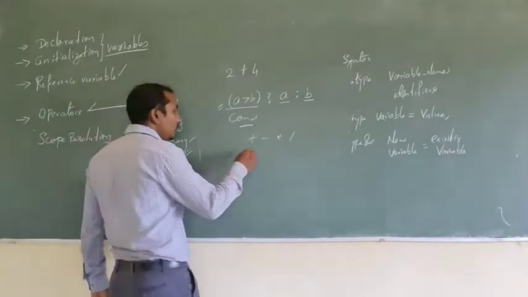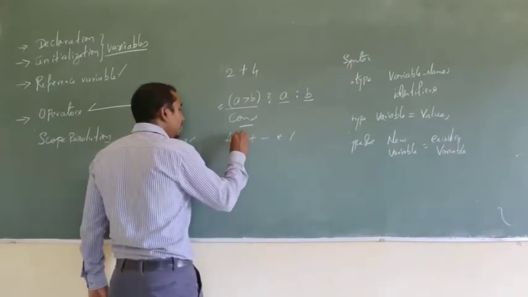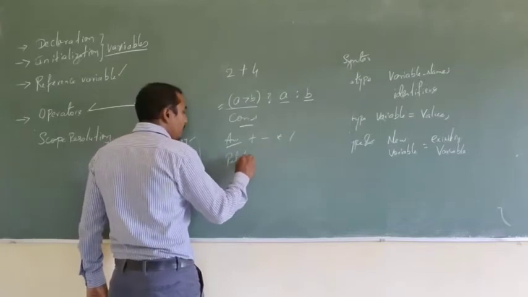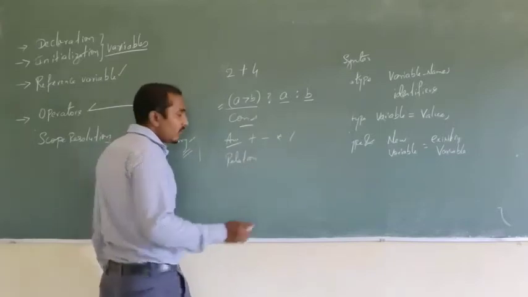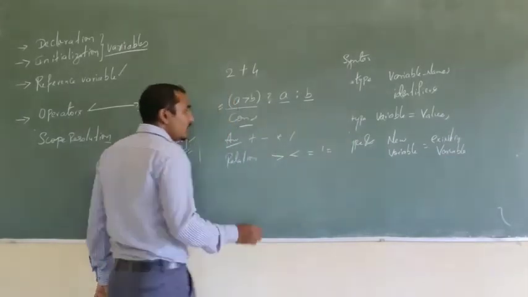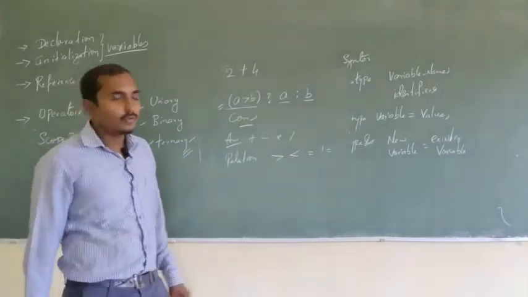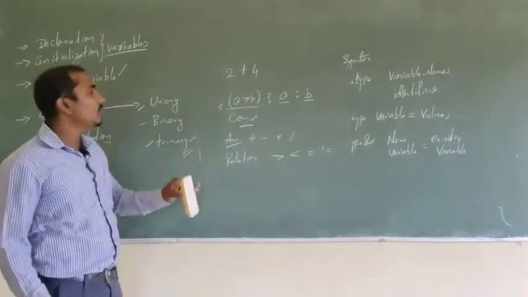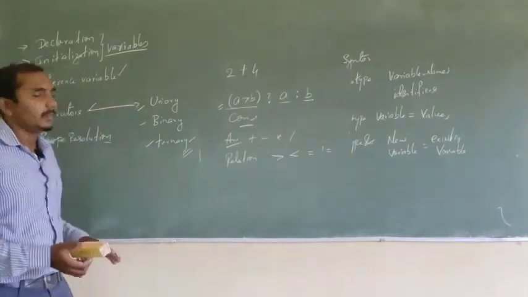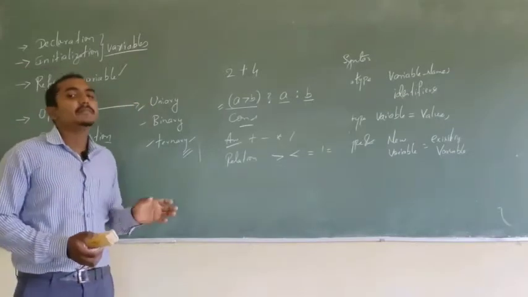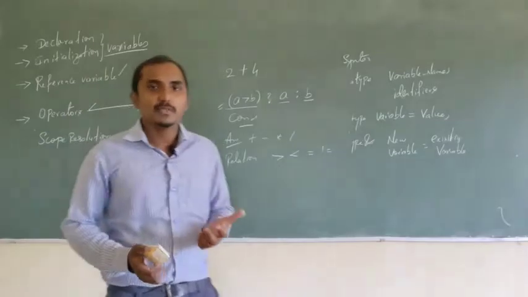Under relational operators we have greater than, less than, equal to, not equal to, less than or equal to, greater than or equal to. We are going to study these in depth in coming chapters. Whatever operators you studied in C programming apply in C++ also.